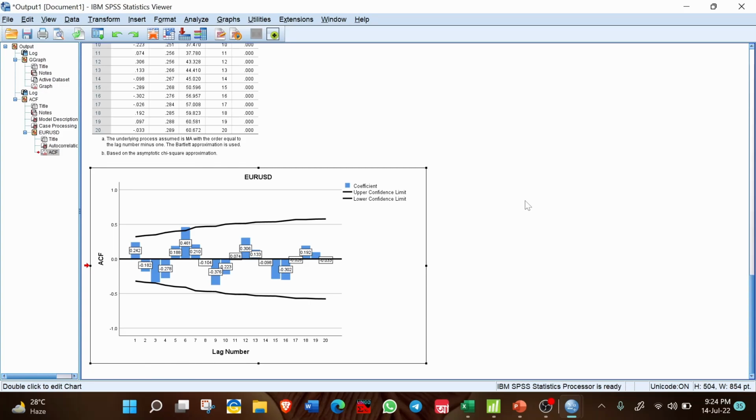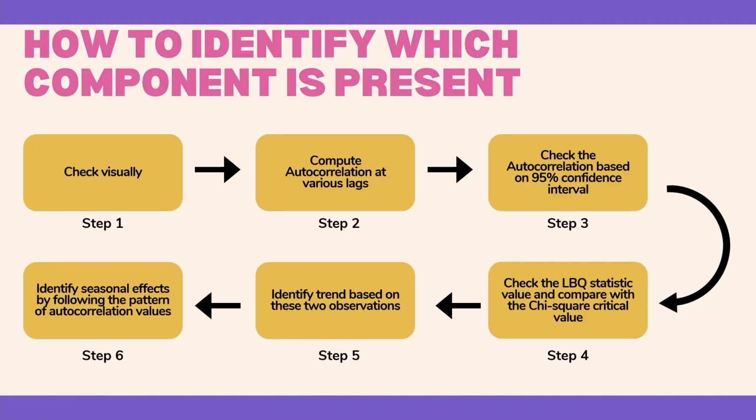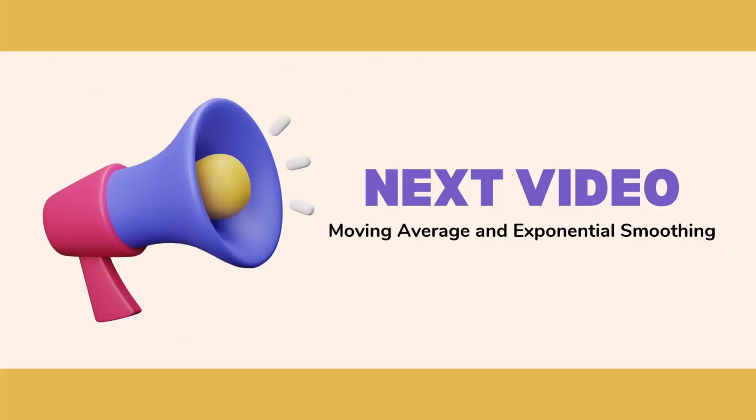I hope that you have already understood how to identify trend and seasonality using autocorrelation analysis. In the slide we have written down these steps in a formal way. You can read that and understand it better, or you can consider the points written in the notepad that I showed you while calculating the autocorrelation in the SPSS software.